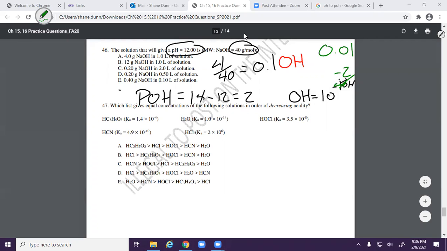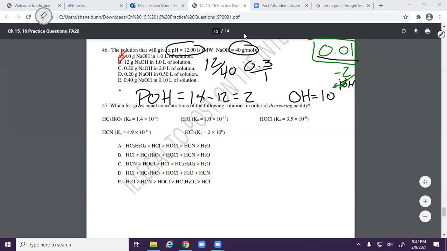So we're going to figure out which one of these will give us 0.01. Did A give us the 0.01? No, A is dead to us. 12 divided by 40 gives us 0.3, divided by 1. Is that the same thing as this one right here?